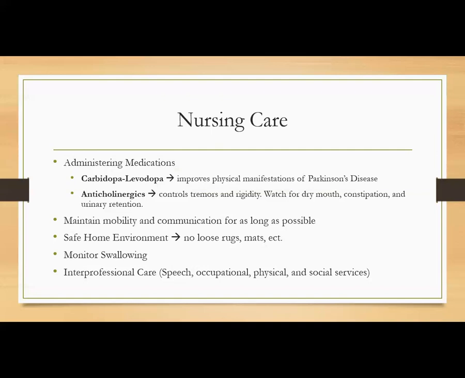Safe home environment means things like no loose rugs or mats, encouraging them to rest when they need to and sit down to put on their pants or shoes, and making sure that if they are exercising they're getting adequate rest, monitoring their swallowing, and then as always, your interprofessional care. So things like speech, occupational therapy, physical therapy, and social services, making sure that we're communicating with all these services so we get the best care for our patient.